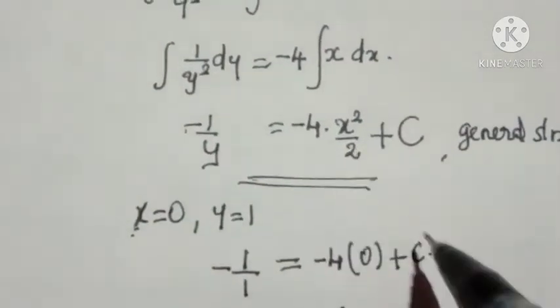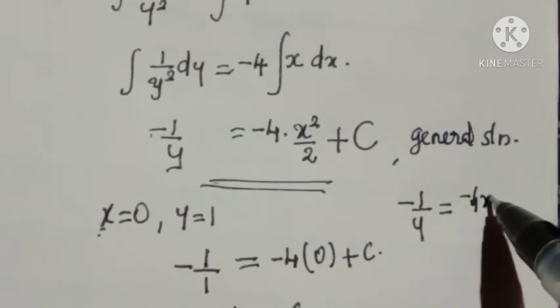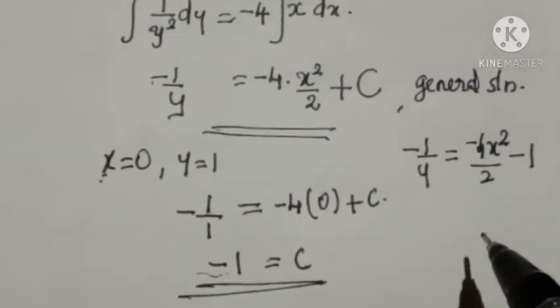Put this value here. So minus 1 by y is equal to minus 4x square by 2 minus 1.